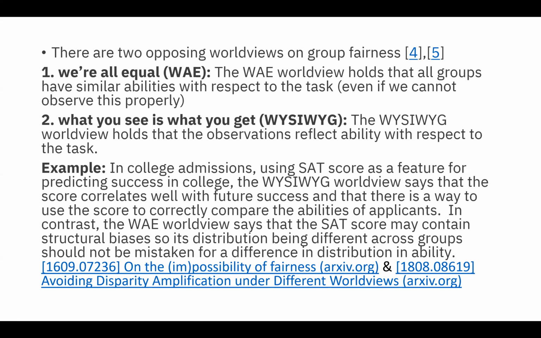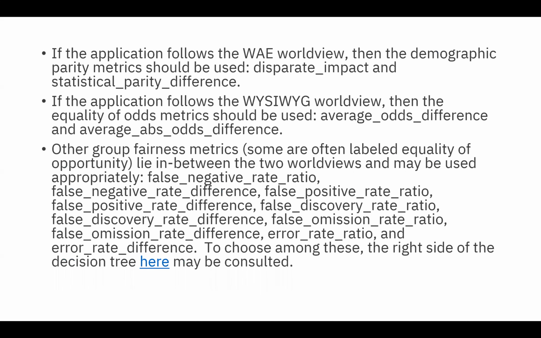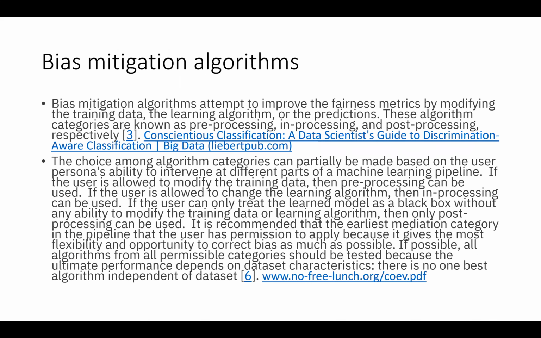All of them have to be equal. We have different metrics to measure fairness in the WAE worldview, called demographic parity metrics, and this is the metric that we are going to discuss later. For the other approach, a different set of metrics can be used. We'll discuss some of this.